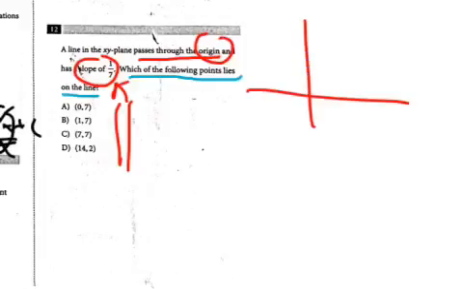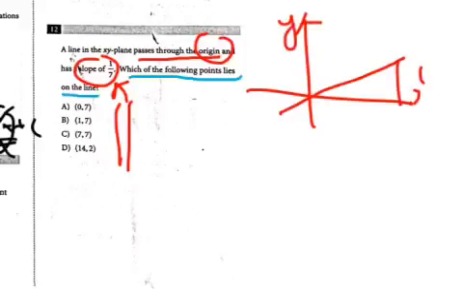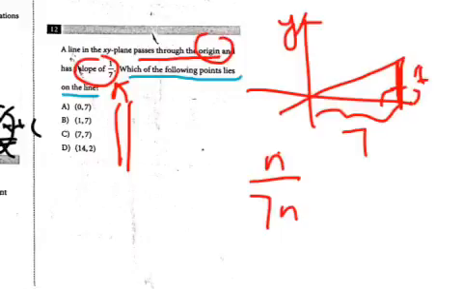You notice that this graph looks like this: this side is 1, this side is 7, a proportion of 1 to 7. So technically, y to x is n to 7n, which is the slope. By looking at this, 2 to 14, 2 over 14 is 1/7. So the answer is D.